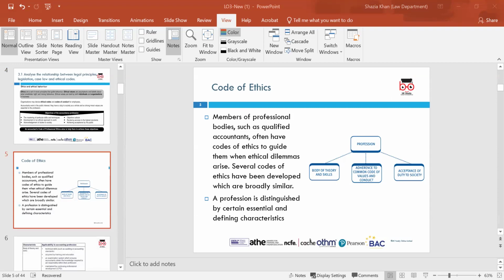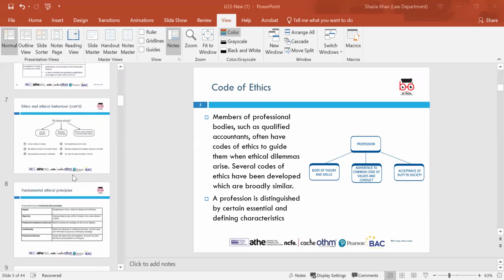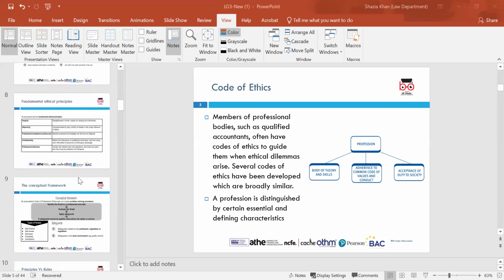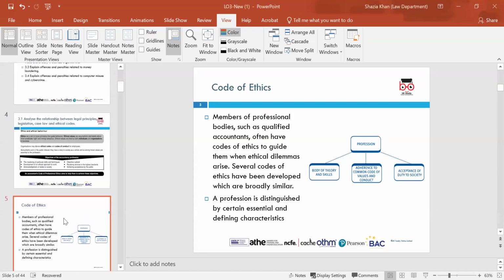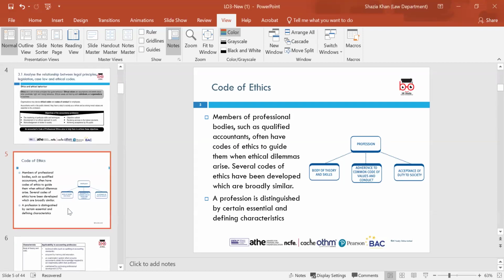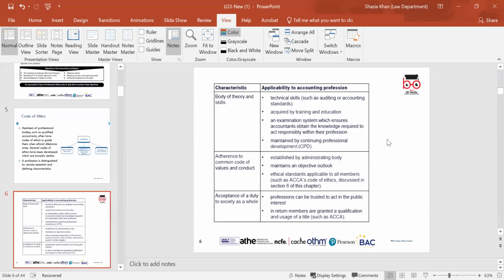So things like money laundering, adhering to the code of practice of ethics. So it is really important when we look at ethical behaviour, why it is so important in regards to elements of the conceptual code of ethics. You must follow it as a professional, and there are ethics that must be followed.